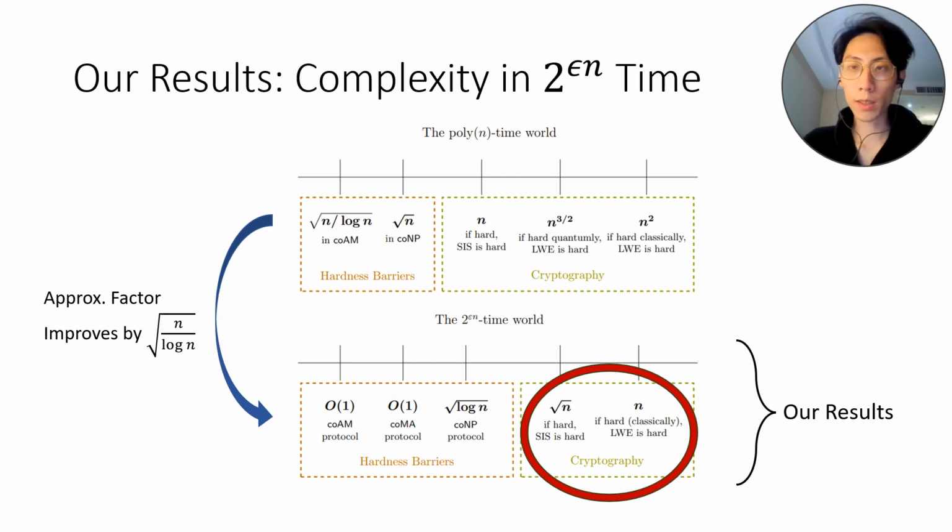In previous works, the reductions that run in polynomial time imply that one-way functions exist if, say, order n SVP is hard, and public key encryption exists if order n to the 1.5 SVP is hard. Our work, on the other hand, shows that if we are happy to assume that square root n SVP is hard, then SIS is hard, and therefore we can construct one-way functions out of it.